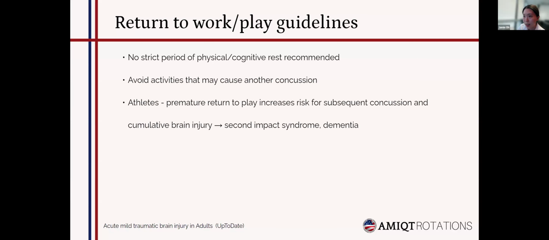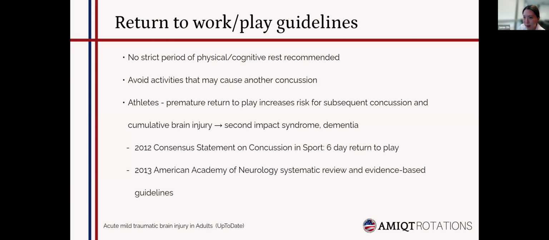Specifically for athletes, the stakes are high because if they return to play or practice prematurely while they're still recovering from a current concussion, that would increase their risk of subsequent concussions and cumulative brain injury. And over time, this can lead to neurodegenerative processes as well as dementia. So there are guidelines specifically for athletes on how they can gradually return to play.